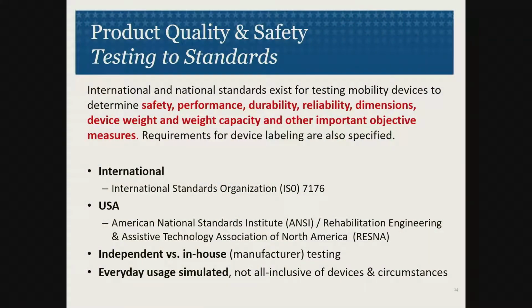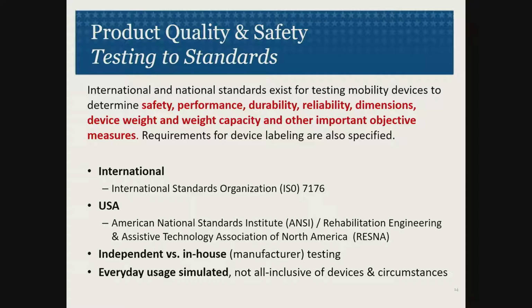The ISO series, the International Standards Organization, is the parent documentation globally. In the United States, we have the American National Standards Institute, or ANSI, and many of you are familiar with RESNA, which is the Rehabilitation Engineering and Assistive Technology Society of North America. It manages our documentation for wheeled mobility devices and related areas like wheelchair transportation safety.